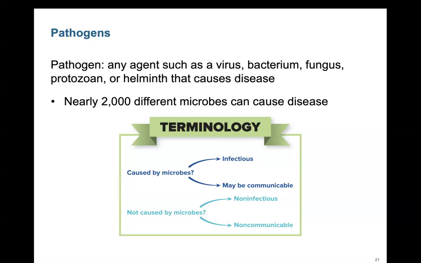They will have more nutrients, they will grow more, and now your numbers of yeast are not in what we call acceptable ranges or normal biota ranges, but in infectious ranges. So that's an opportunistic pathogen. Usually there's some type of environmental change that leads to that particular organism causing disease. If it's just a straight up pathogen, it will cause disease.